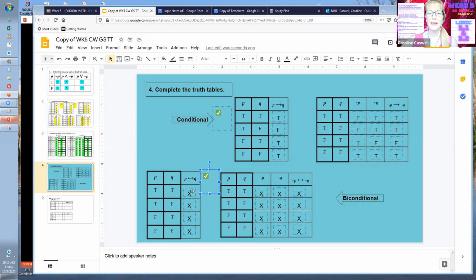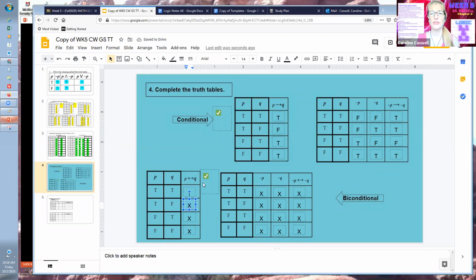So again, if it's true, true, it's true. If it's true, false, it's false. If it's false, true, false. And if it's false, false, true. So we only care about when they're the same. The way you think of this one is the arrows are going both ways. It has to be both ways. True, true, or false, false.